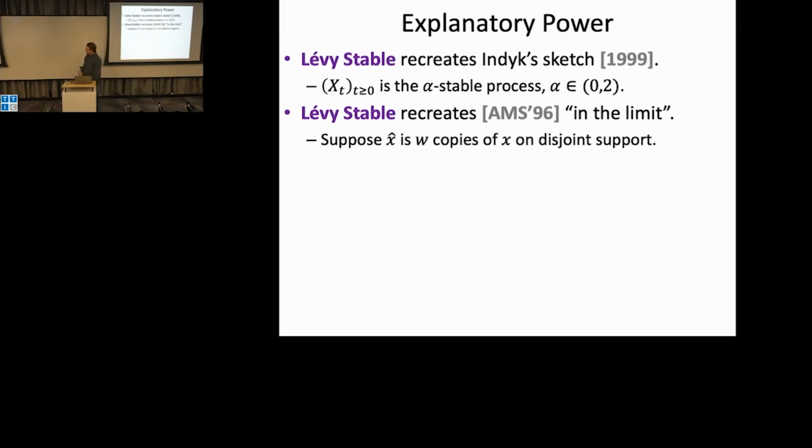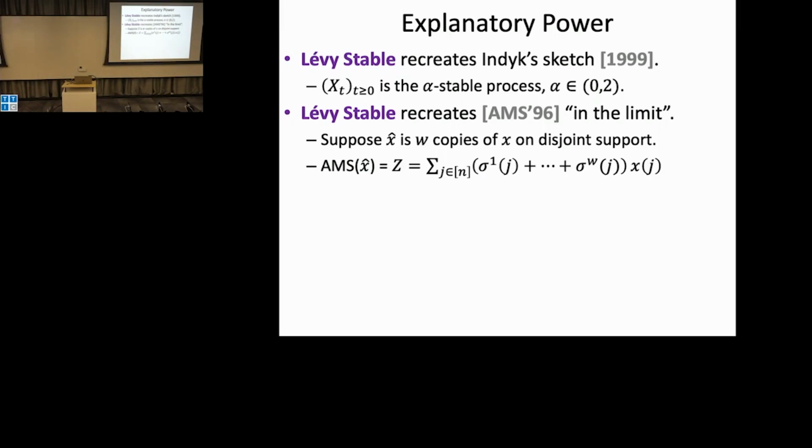Suppose you have your vector x of length n, and I just extend it to be of length w times n, and I just copy whatever that vector is w times. Okay, so I've blown up the f moment by a factor of w, but I haven't really changed the vector in a substantive way. So when I apply AMS sketch to this new vector, instead of each thing being associated with a random sign, it's now associated with a sum of random signs.